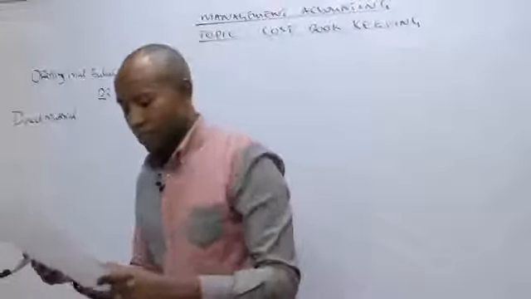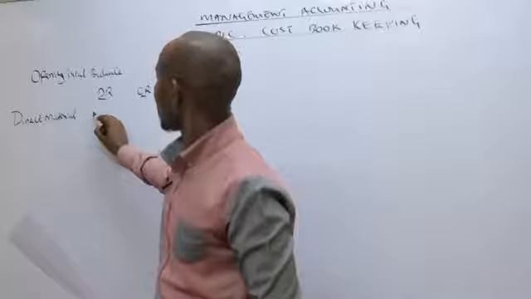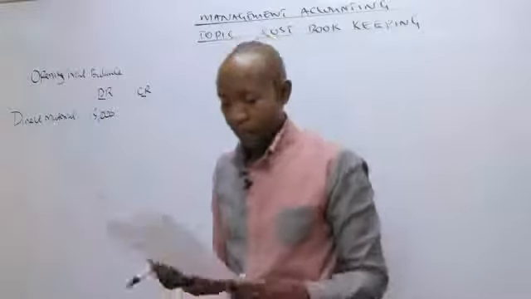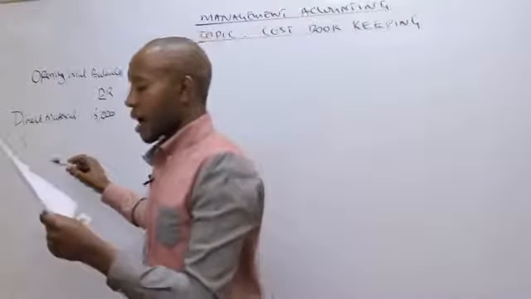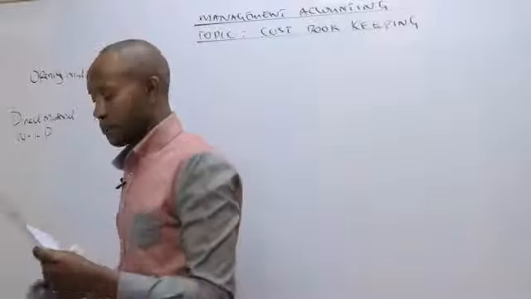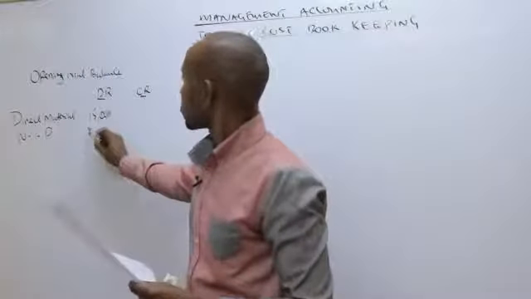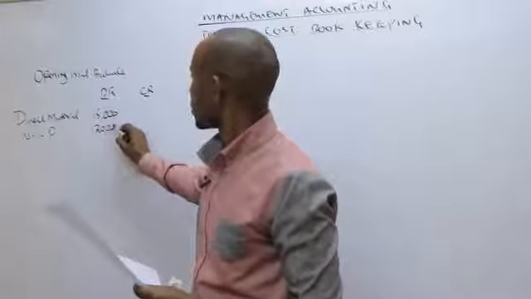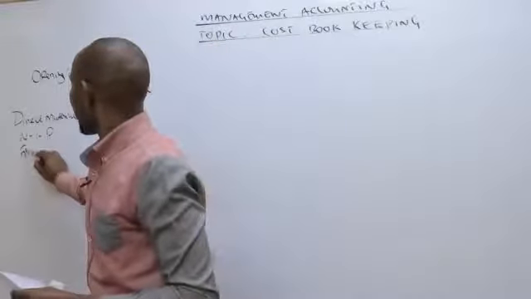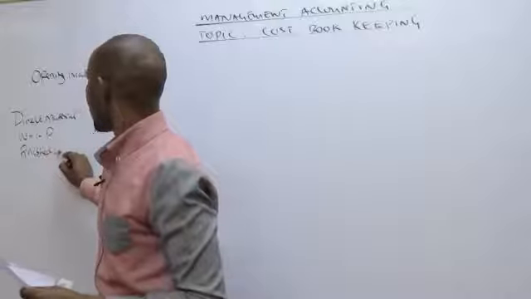Direct material will have an opening balance of 15,000. Then we have work in progress, that will be 120,000. Lastly, we have finished goods.